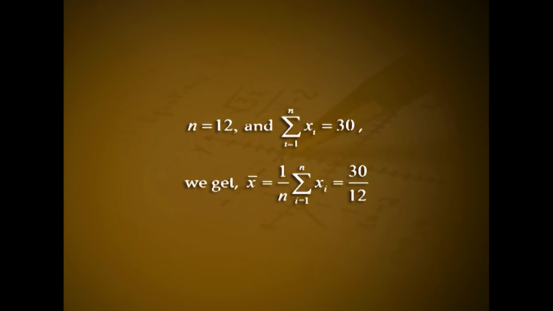Since n equal to 12 and summation over i from 1 to n xi equal to 30, we get x bar equal to 1 by n into summation over i from 1 to n xi, that is equal to 30 divided by 12. Similarly, y bar equal to 1 by n summation over i from 1 to n yi, that is equal to 5 divided by 12.